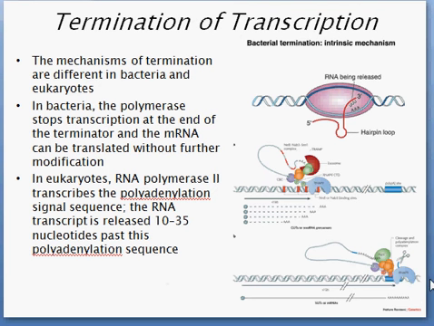But what this is showing here is this polyadenylation sequence. Actually, you can see it right there. A series of A's that are going to be made down here to be actually forming that 3' tail that we need.